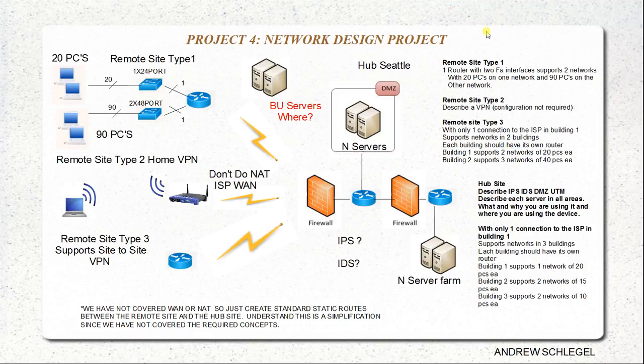Okay, so taking a look here, your type 1 site, I'm going to kind of do this one for you. It's one router with 2 fast Ethernet interfaces, and it supports 2 networks with 20 PCs on one network and 90 PCs on the other network. One router with ISP connection, 2 networks, 20 PCs, 90 PCs. Now, you realize on this router there's only one connection to the switch. There's only one cable to the switch.